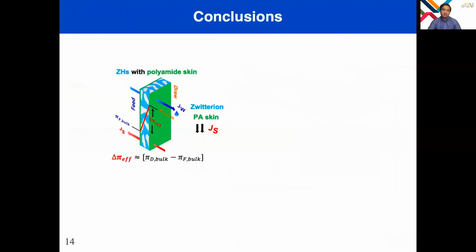So, in conclusion, I hopefully demonstrate that we successfully synthesize a new impregnated membrane configuration consisting of Zwitterionic hydrogel with polyamide skin. This membrane can exhibit water over salt separation property for FO application comparable with state-of-the-art commercial membrane.